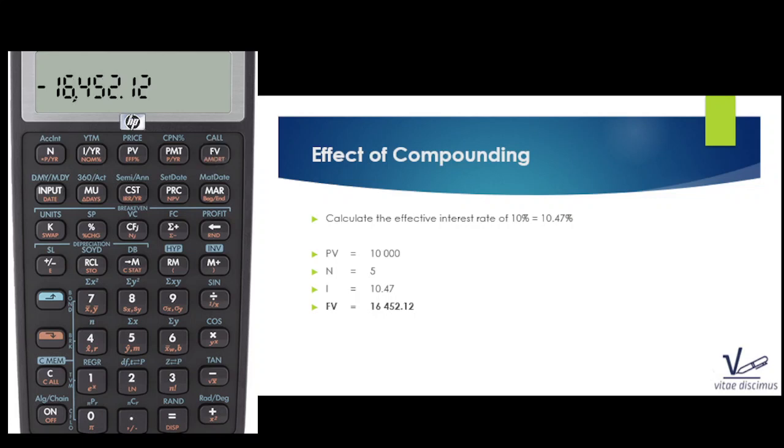So it means now that 10,000 invested over a 5-year period, earning interest of 10% compounded monthly, which becomes 10.47% effective interest, you'll be able to earn 16,452. That's the amount that 10,000 will be worth after 5 years.